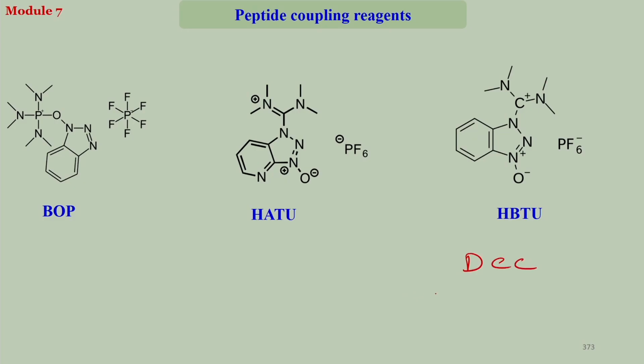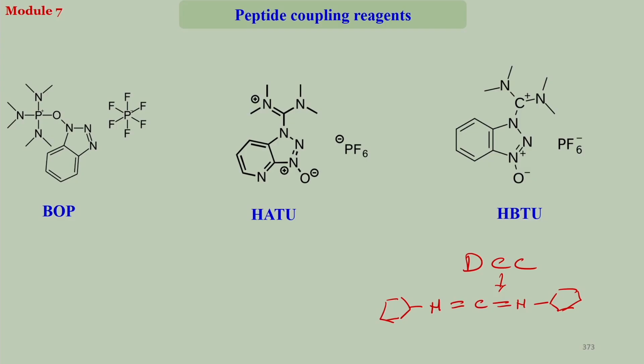DCC has the structure, it's a carbodiimide, right? N double bond C double bond N, with cyclohexane groups. Dicyclohexylcarbodiimide, that's DCC. This is also a very famous coupling reagent. In fact, DCC was one of the first coupling reagents that was used for peptide coupling.